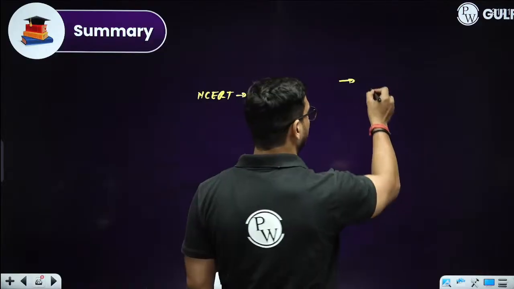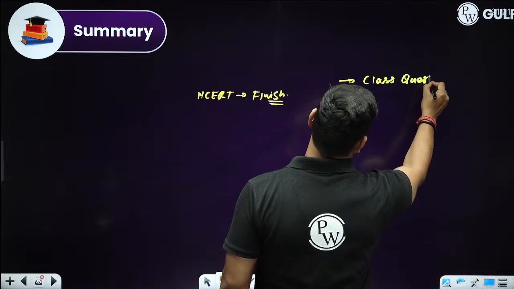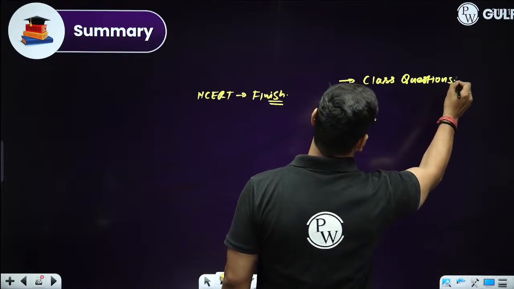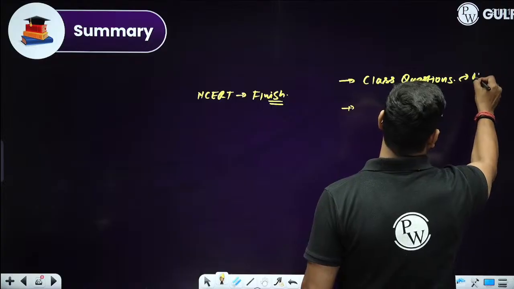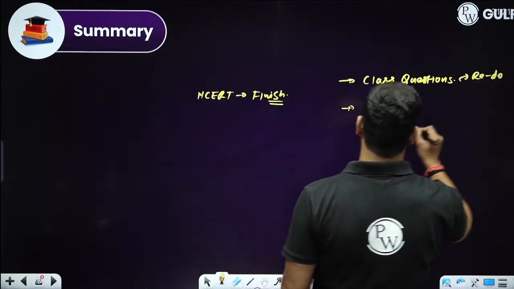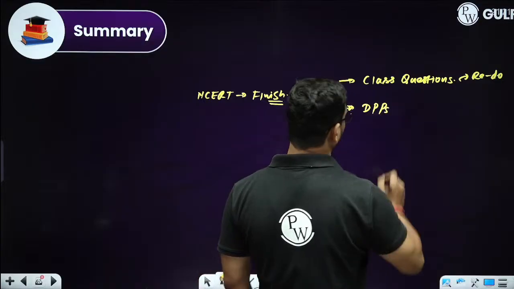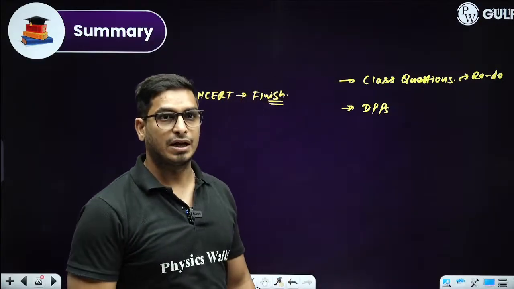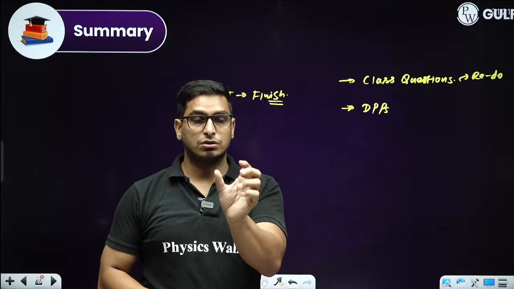I already told you, you should do class questions first. This is redo work, right? Redo. Then you are all ignoring DPPs, but we have to solve DPPs. That's why I give you those questions, so that you can have some practice of those concepts.